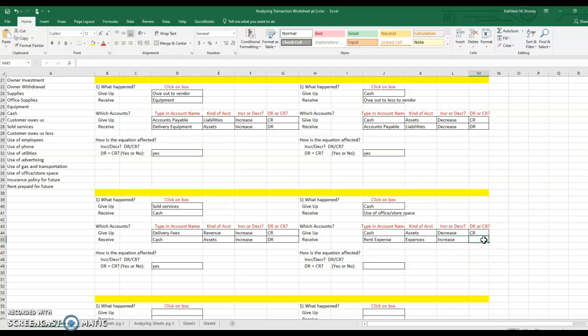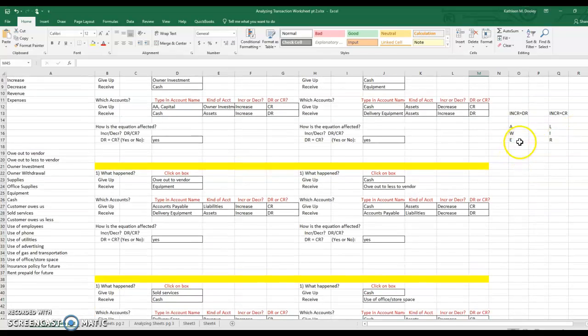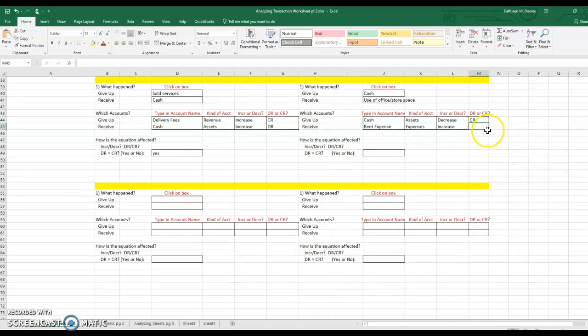Okay. So I have an increase and an expense. I look up expense. Increase is debit. So I have one debit and one credit. So my debits equal my credits. I can say yes.